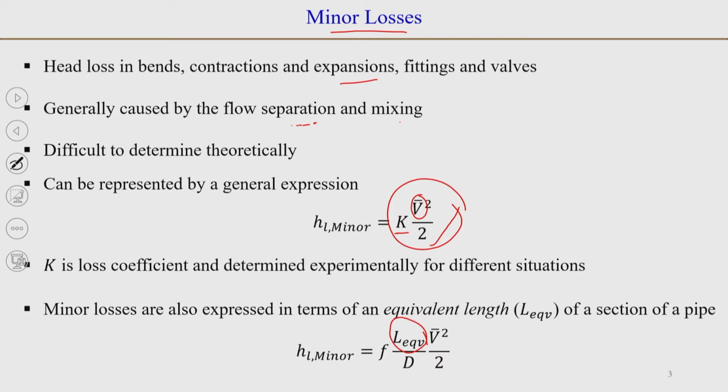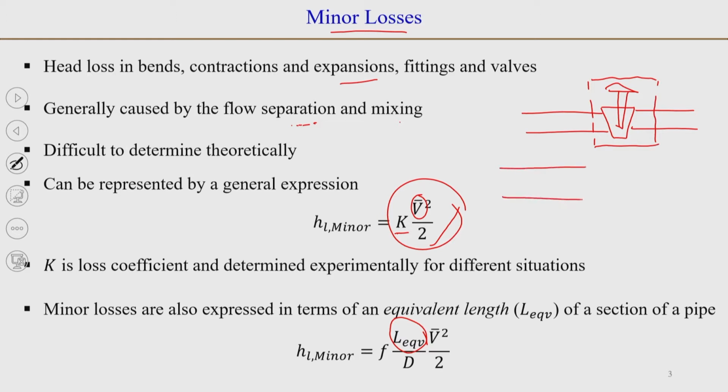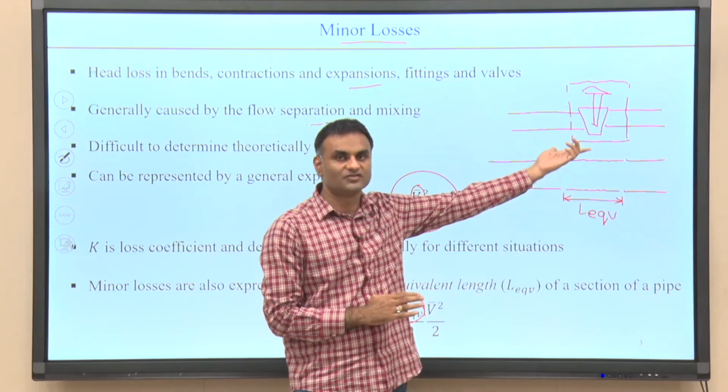Let us say you have a piping system in which you have a valve in between, and you replace this valve with a pipe which has the same amount of minor losses as the valve.